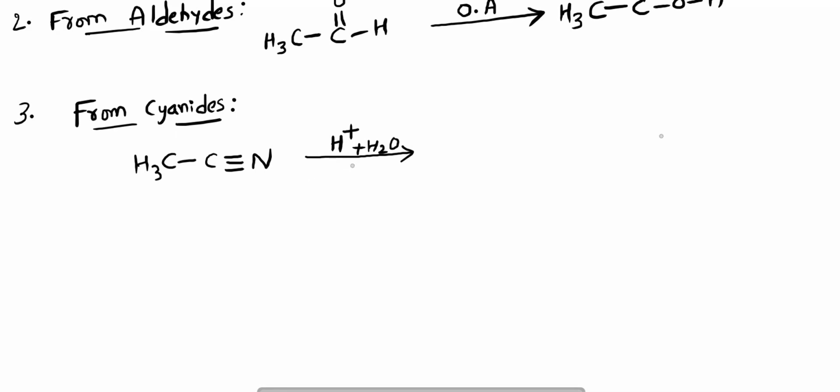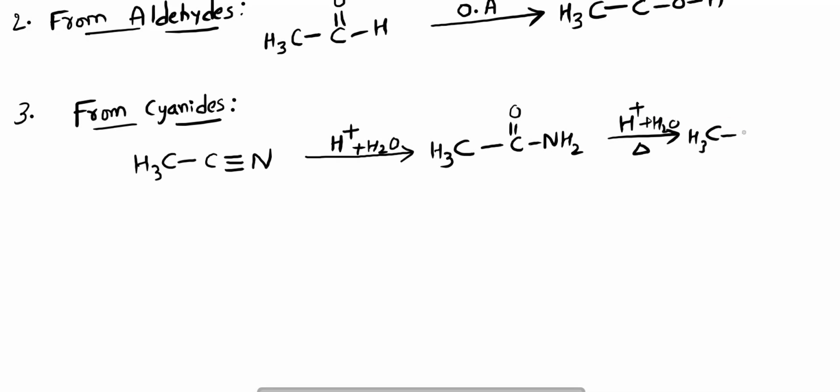If I add acid with water, first we get amides. Next, if we continue with the same chemical, and if we heat it, we get carboxylic acid.